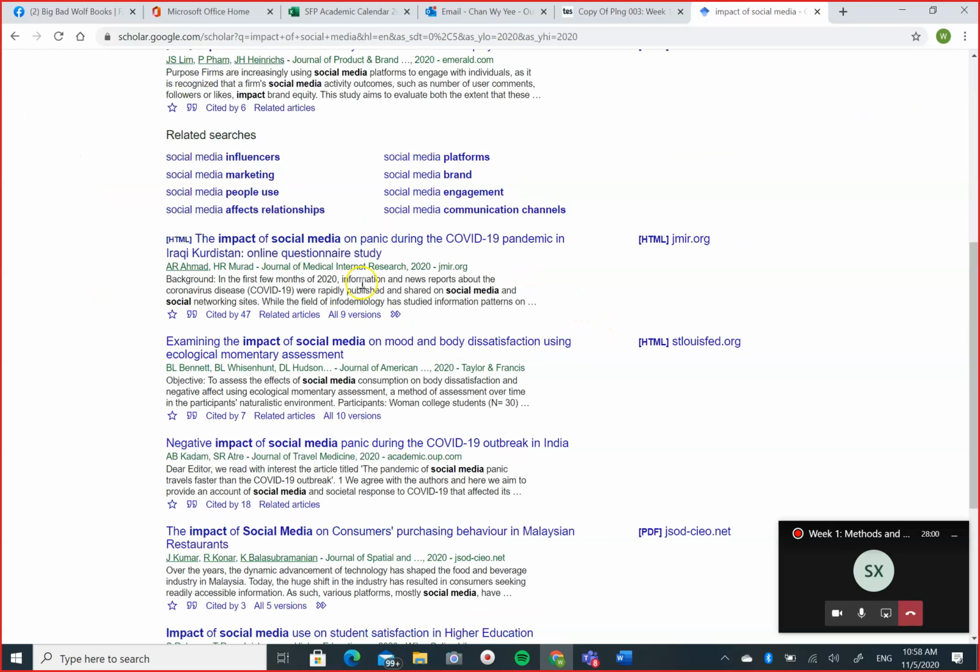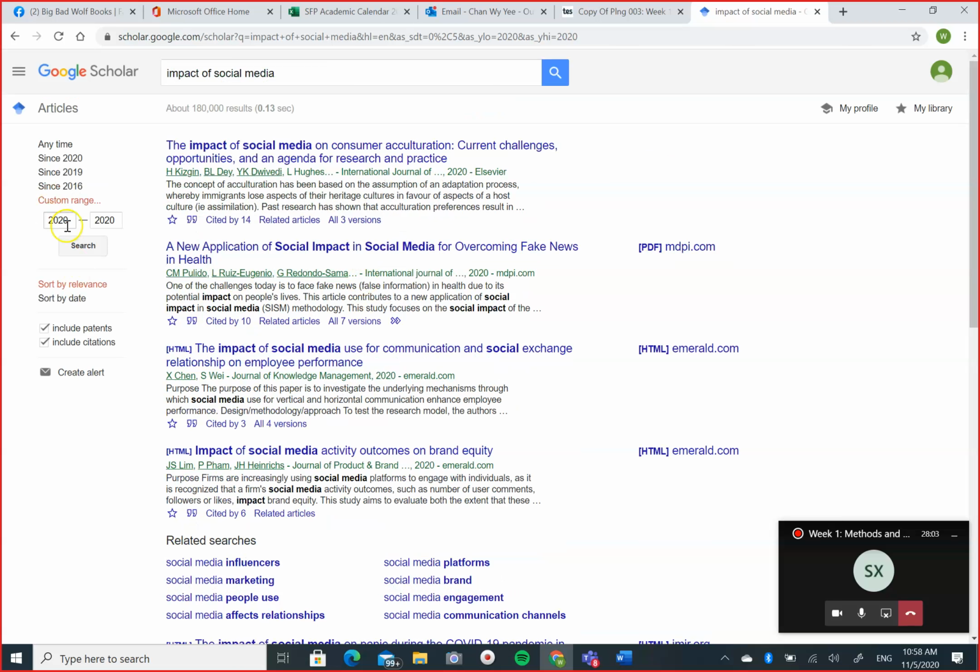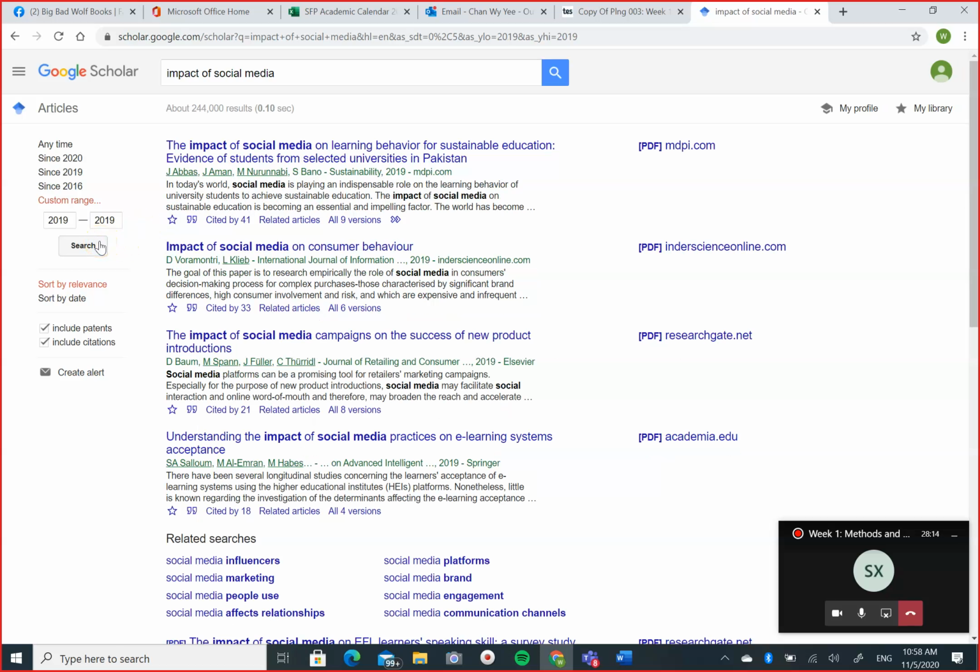Then we search for papers relevant to our topic, 2019 to 2019. So we slowly go through the years. The oldest article that we can take is only 7 years, nothing older than that. You can take older articles, but they are not so credible. So my advice is to take more current articles.